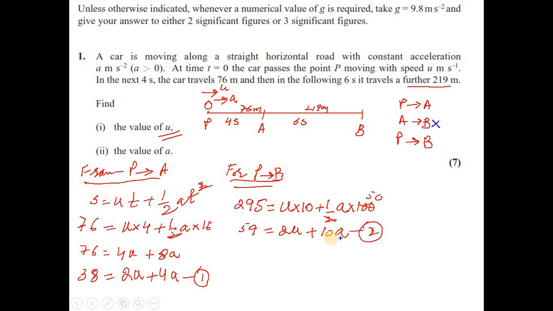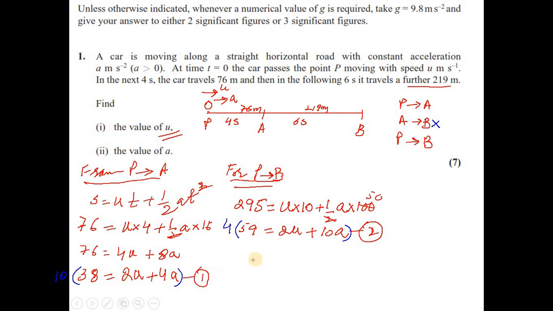The coefficient of a is 10 in equation number 2, and the coefficient of a in equation 1 is 4. So I'm going to multiply equation 2 by 4 so that I have 40a, and multiply the whole of equation 1 by 10, so 10 times 4 will be 40a. So 40a and 40a will be there. Then I'm going to subtract these equations.